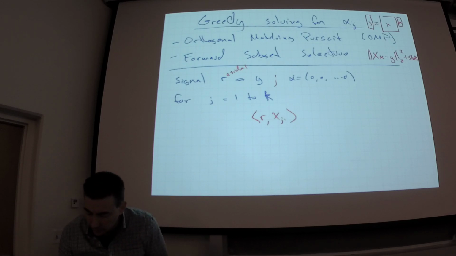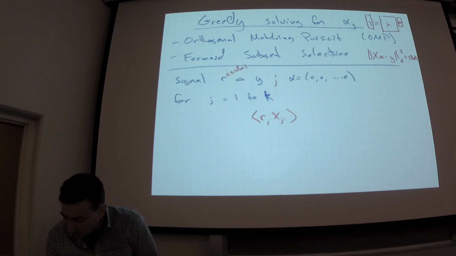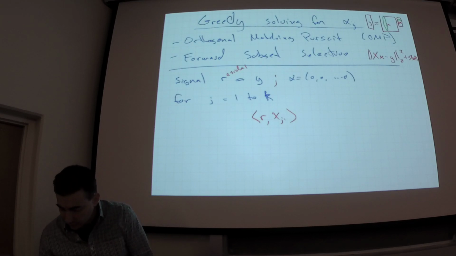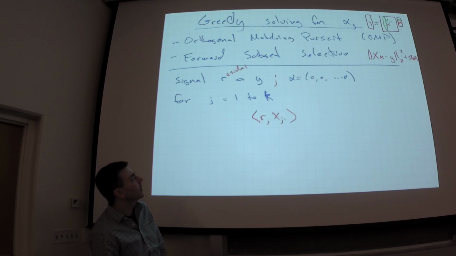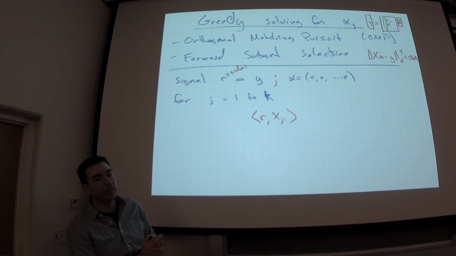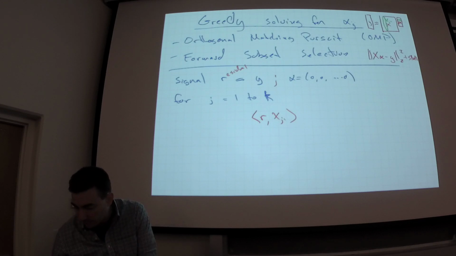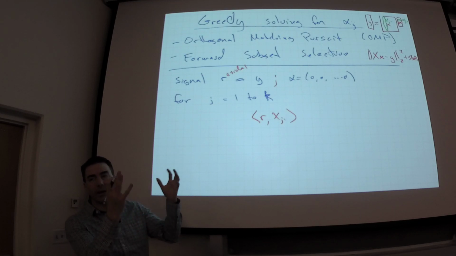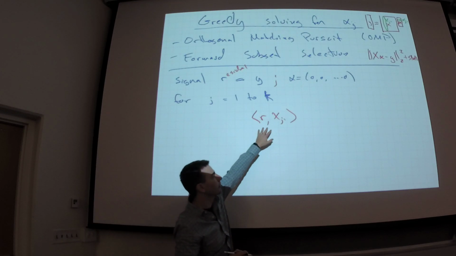So I want to find the y which is most, every element of alpha here corresponds with a column of x. So this will be column xj prime. If I make the associated alpha j large, it will align well with y and capture its norm if this dot product is large.